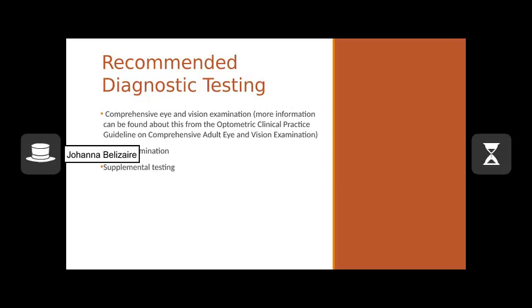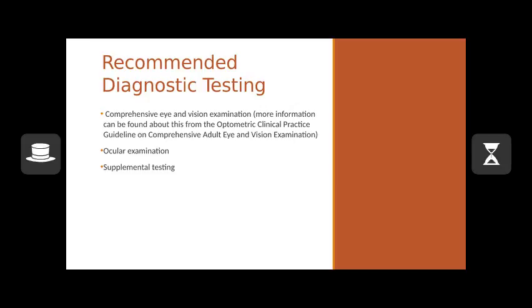Of these three recommended diagnostic tests, the comprehensive eye and vision examination as well as the ocular examination are the strongest, because doing these things will provide you with your subjective and your objective data.